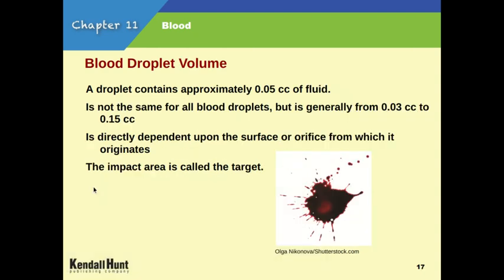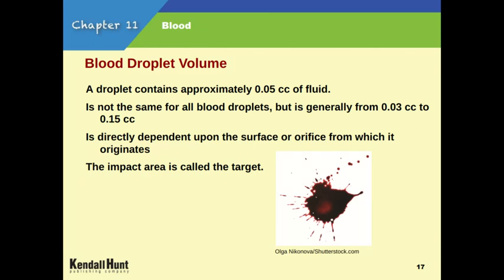Okay, most drops contain about 0.05 cc's of fluid, not a whole lot. Some may be as small as 0.03, some may be as big as 0.15. It all depends upon the surface it's coming from, like if it's dripping off of a knife, or off of paper, or if it's coming from a wound.